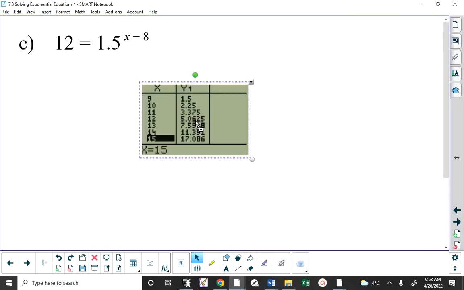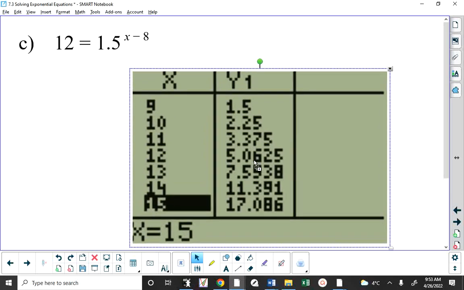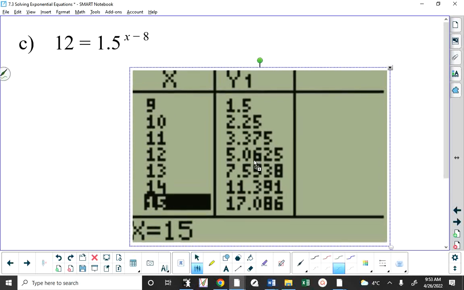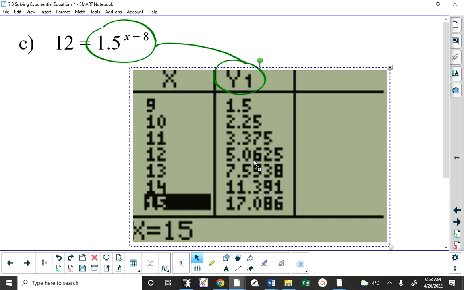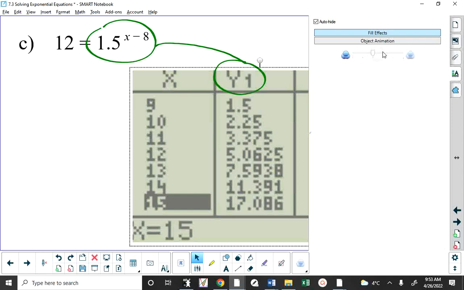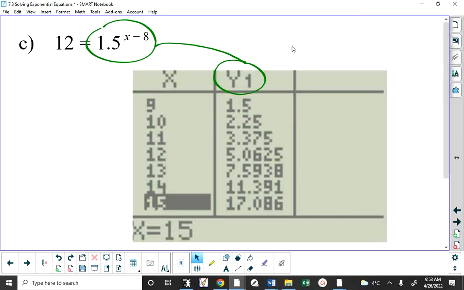Again, I want this to be equal to 12. This is my y1. That y1 is a little bit less than 12, and then it's more than 12.